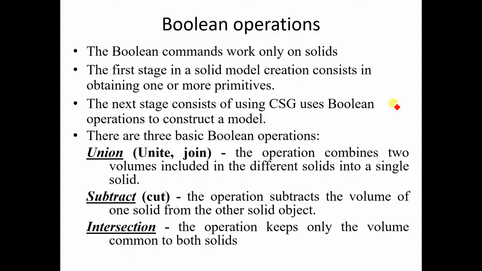Joining primitives is achieved by Boolean operations. Have you heard of Boolean operations? In school mathematics we would have studied set theory: A union B, A intersection B, A minus B. The same concept is used in constructive solid geometry.